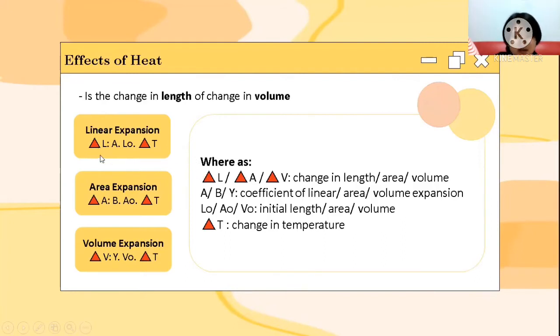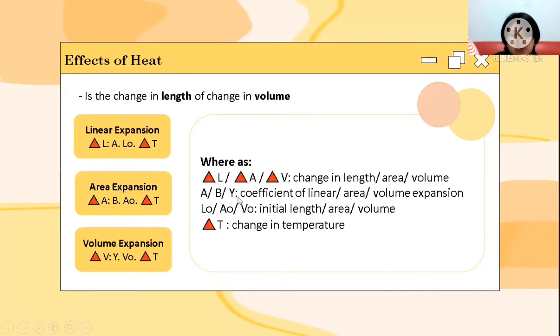Now, what does this triangle letter mean? Here's what it means. Delta L, delta A, and delta V is the change in the length or area or the volume, while alpha, beta, and gamma, which is hard to write on a laptop, is the coefficient of linear or area or volume expansion.